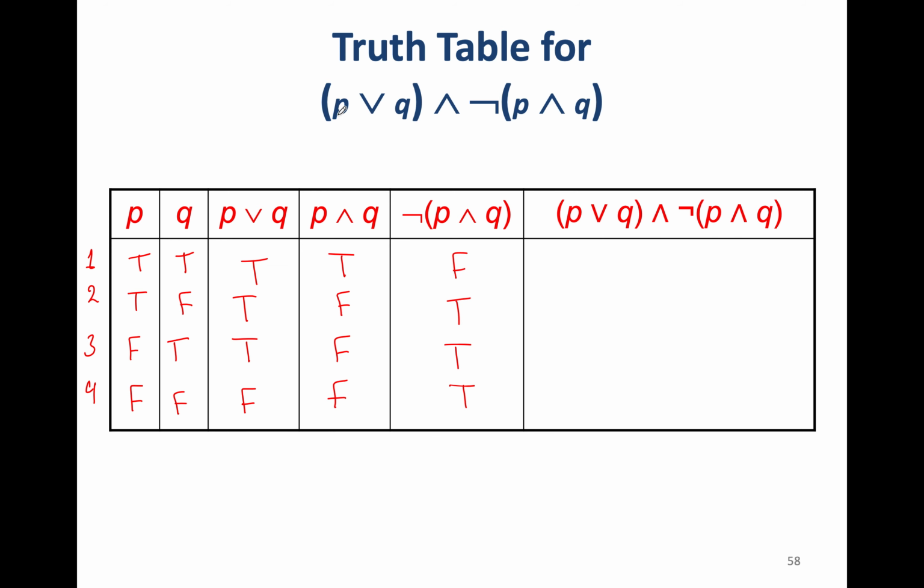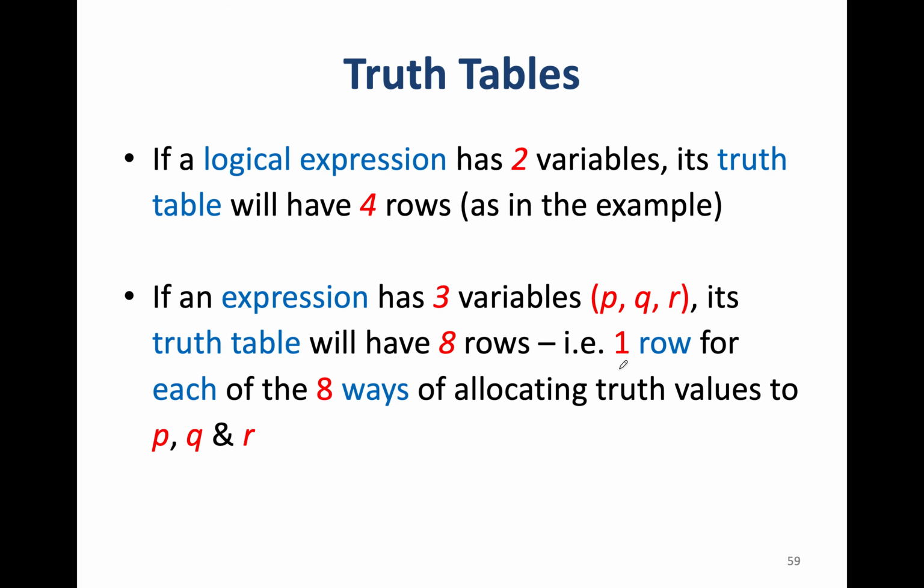Now the final one is the AND that combines the first and the second. So here we will look at this column and this column. So true and false is false, true and true is true, true and true is true, false and true is false. And here we have created a truth table for our logical expression.